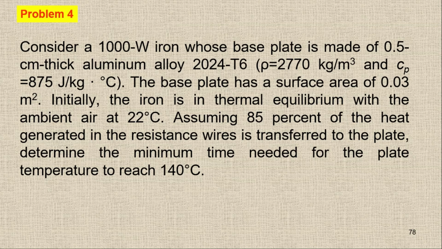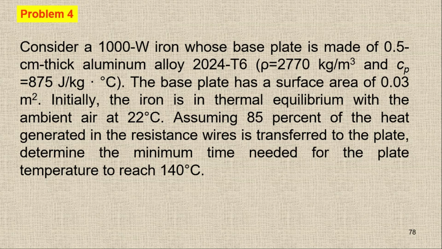Now, the iron's base plate has a surface area of 0.03 meters square. Initially, the iron is in thermal equilibrium with the ambient air at 22 degrees Celsius. Assume 85% of the heat generated in the resistance wire is transferred to the plate.